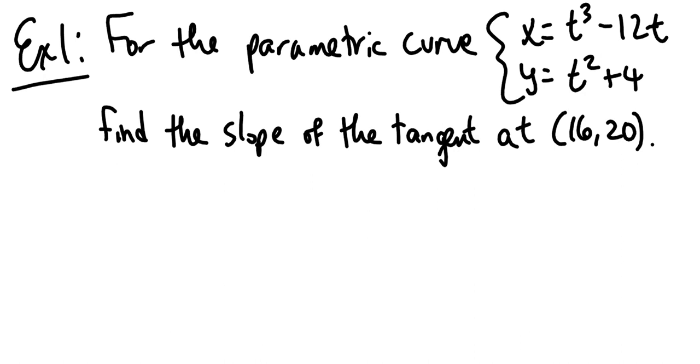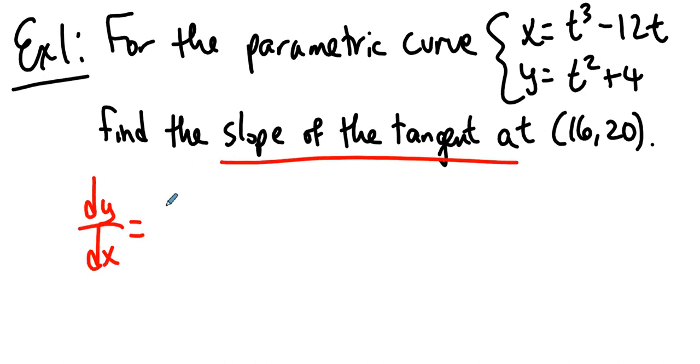Well, that's easy. Slope of the tangent, that's dy/dx. dy/dx is dy/dt over dx/dt.